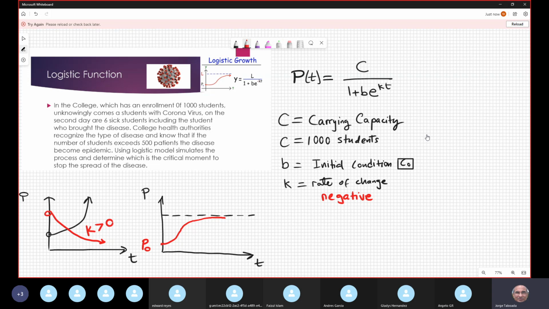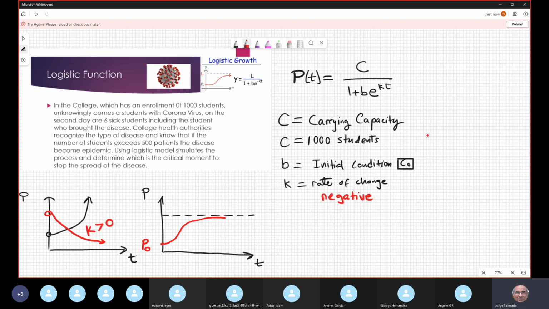So we have three variables: people infected, people healthy, and people recovered. But in this case, it's an easy model. It's only two possibilities: a student infected and a student not infected.